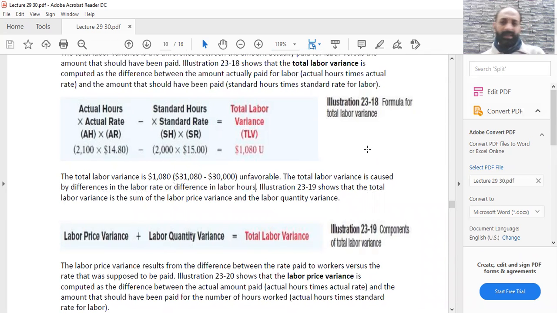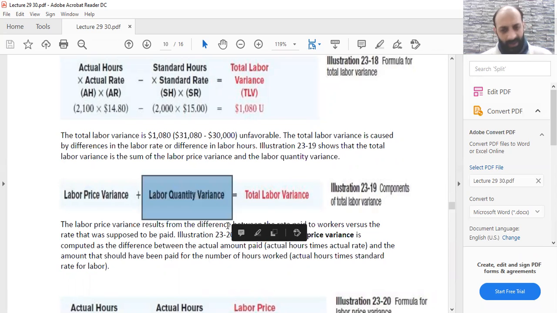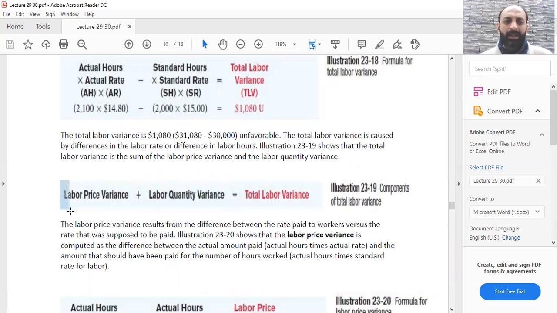Now we know that there is a variance in the total labor that was incurred. Now we have to go into the detail and try to figure out कि वो जो आपका variance exist करता है, is it because of the labor price or is it because of the labor quantity? Labor price is at which rate was the labor hired, and labor quantity is how many hours did the labor put in doing that work.